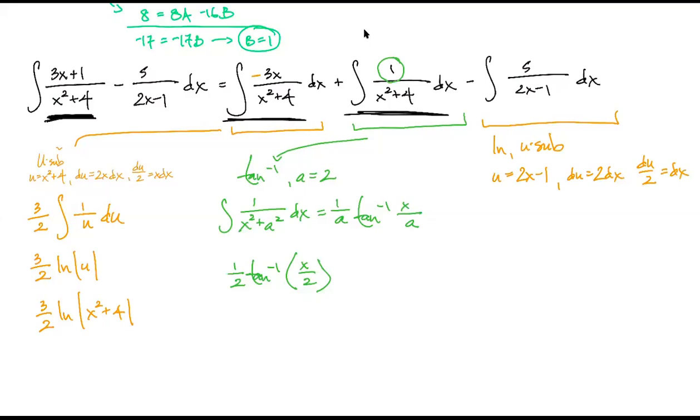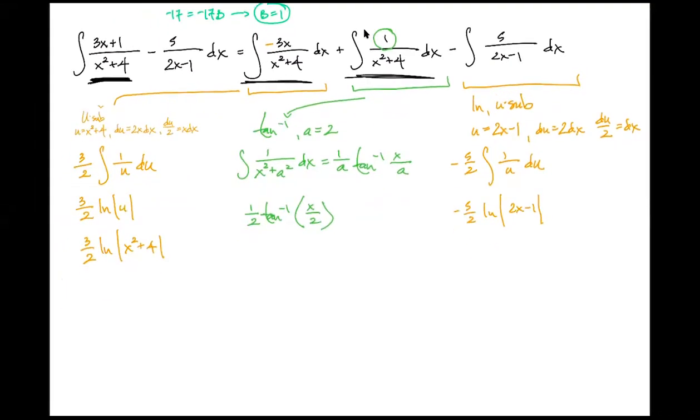And so when I substitute that, I'll end up with negative 5/2 the integral of 1 over u du, which we know is our one exception to the power rule. And so we'll have negative 5/2 natural log of 2x minus 1, okay?